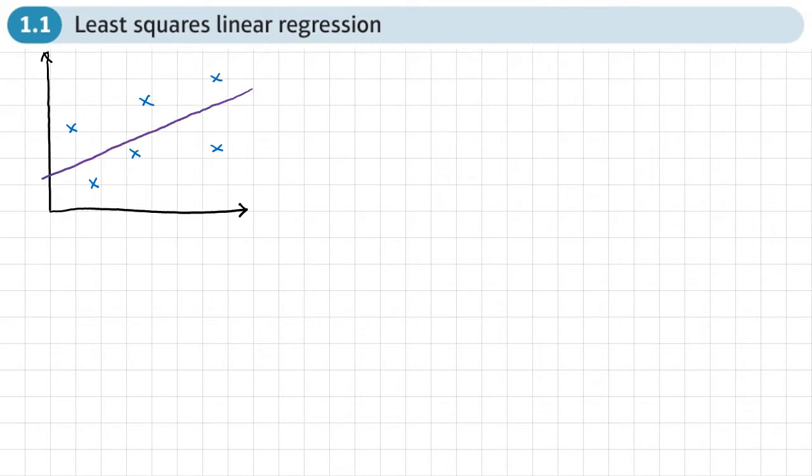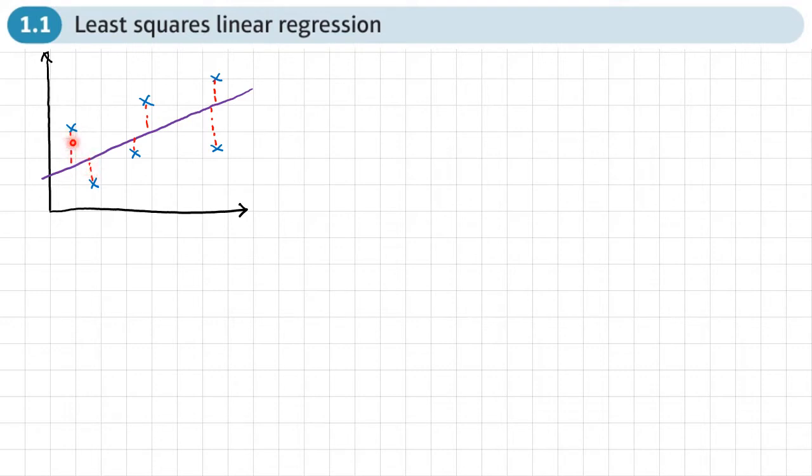And the method we're going to use is, first of all, by looking at the y distance between each of these points that I've plotted and the line that I'm trying to find the equation of. Now these distances here are called residuals.